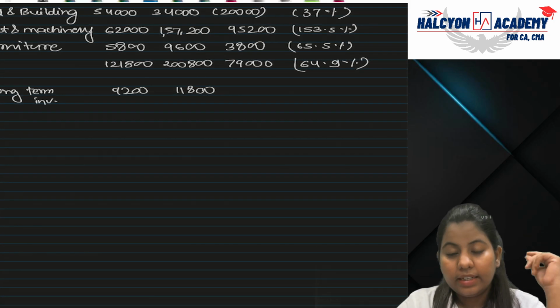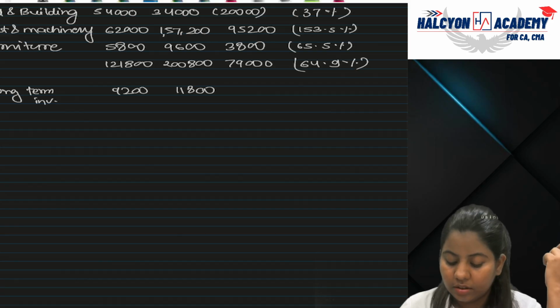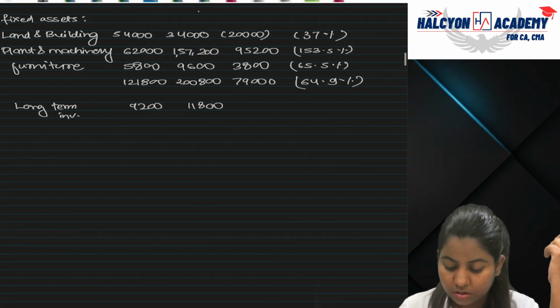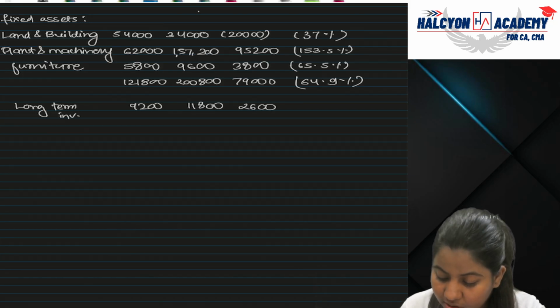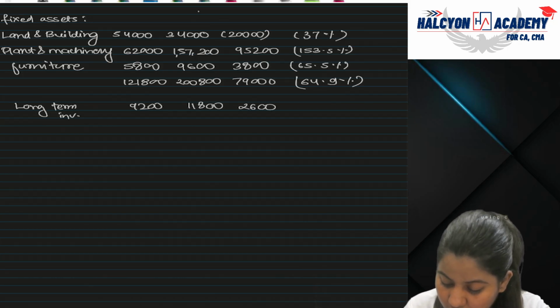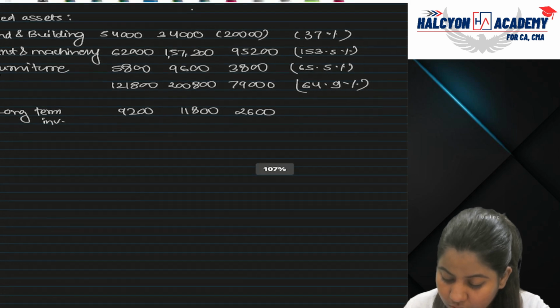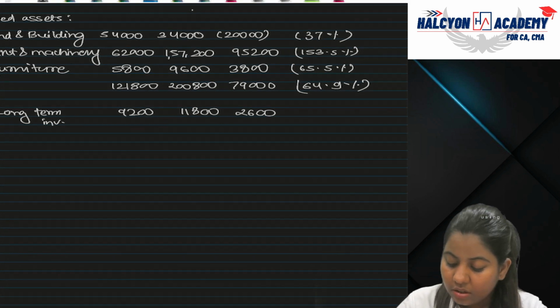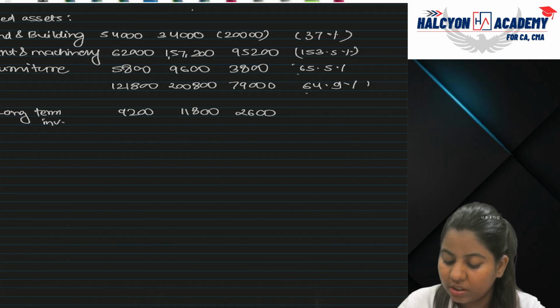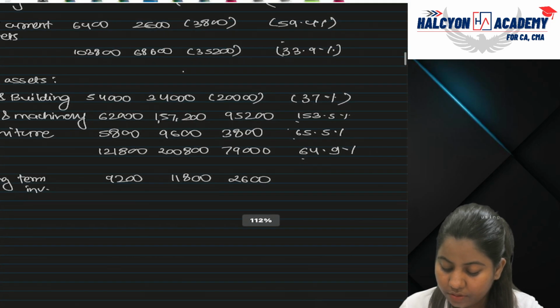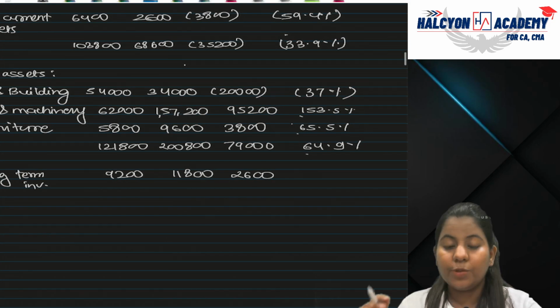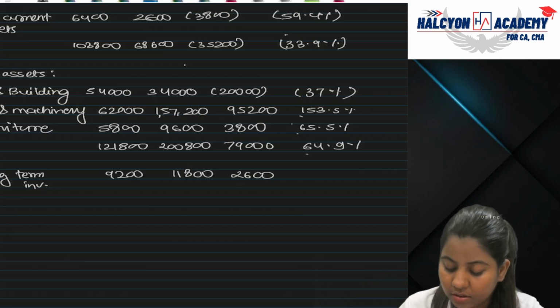So, obviously, it is increasing, by 2,600 rupees. So the answer will be positive. Sorry, here I have added the bracket. It will not be there because the answer was positive. Wherever the answer is positive, please don't add the brackets.